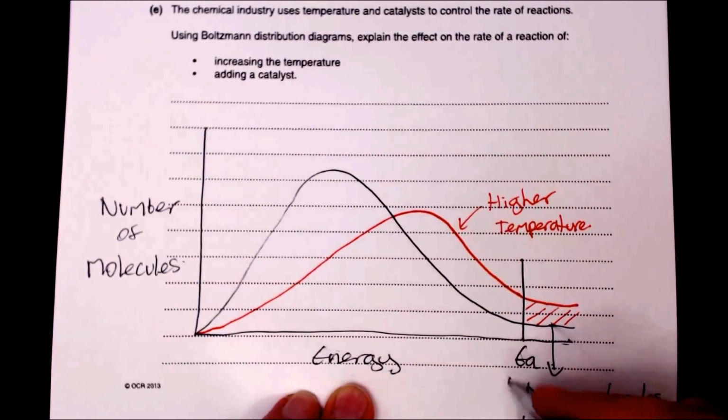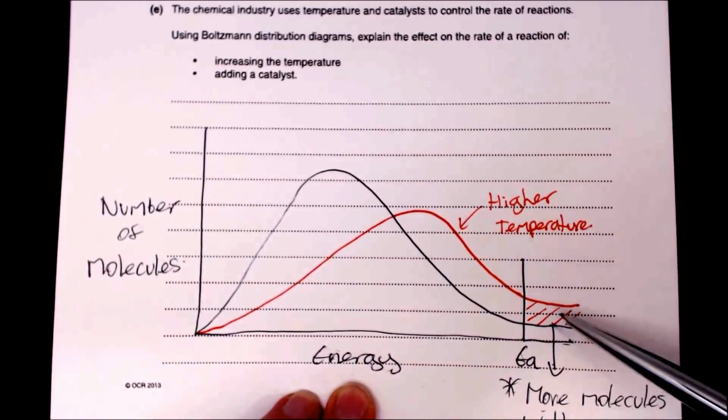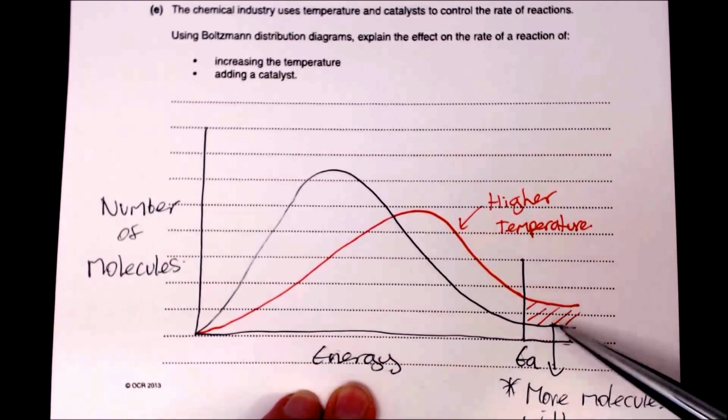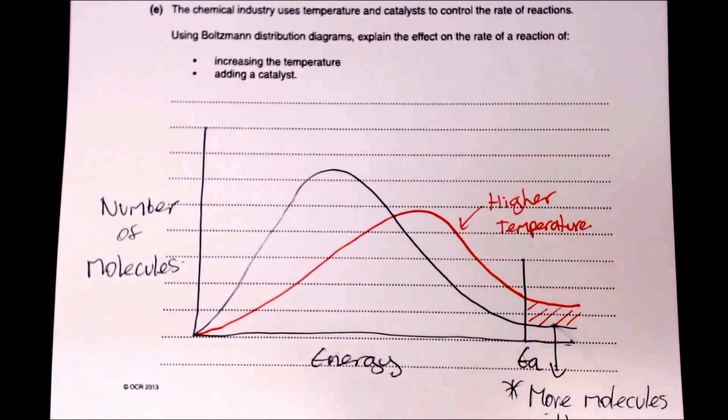So that's a key point to actually make. The fact that we've got a higher temperature and we have a lot more particles with a greater activation energy. So that means we get more successful collisions. But we'll talk about that later on when we get there.